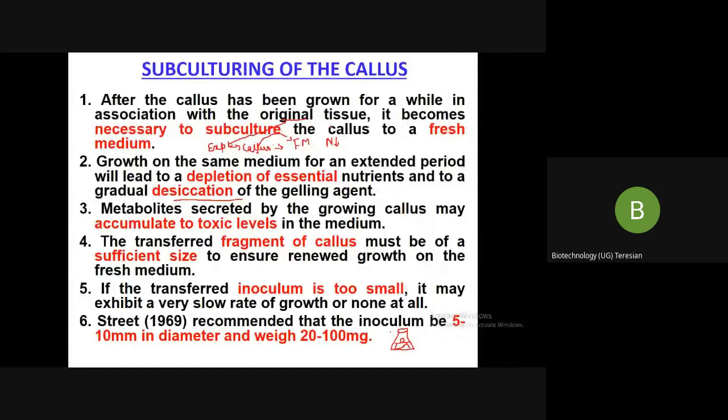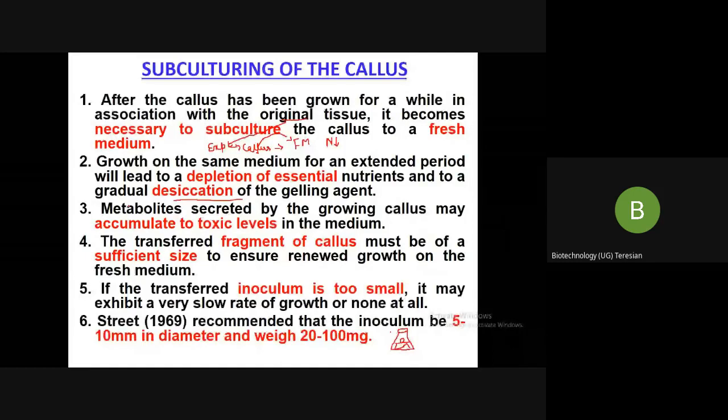Apart from these two problems, I have another problem. What is that? The metabolites secreted by the growing callus may accumulate to a toxic level in the media. We said that naturally every plant will produce metabolites. This is a separate chapter; you'll be studying the metabolites in detail.